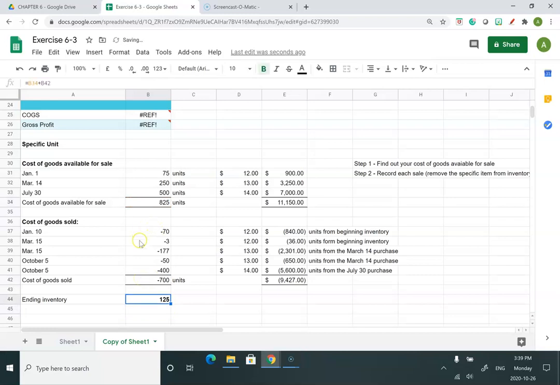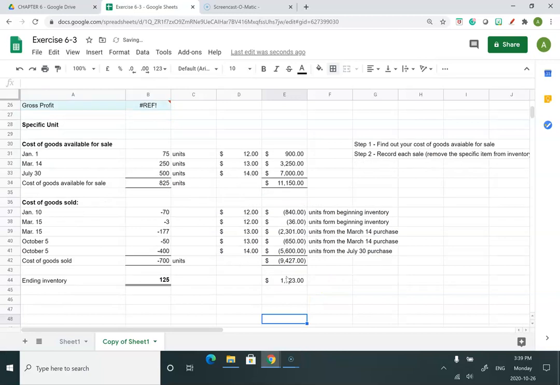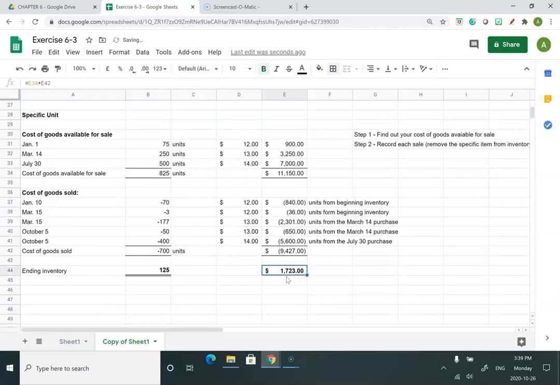So again, under all three methods, I still have 125 units in inventory. It's just this price that we're keeping as ending inventory is going to be different depending on the method. So our cost of goods available for sale minus our cost of goods sold gives us $1,723 in ending inventory.